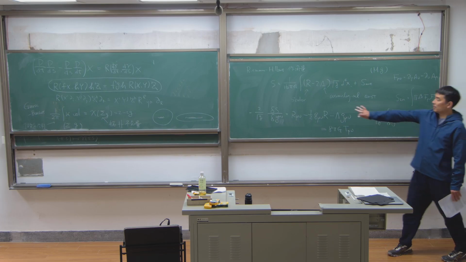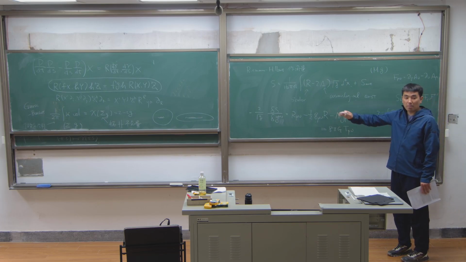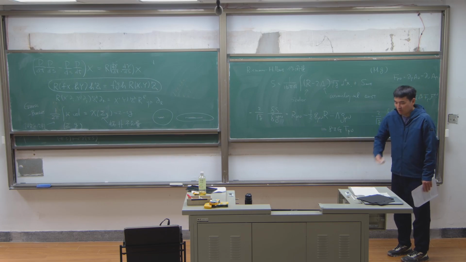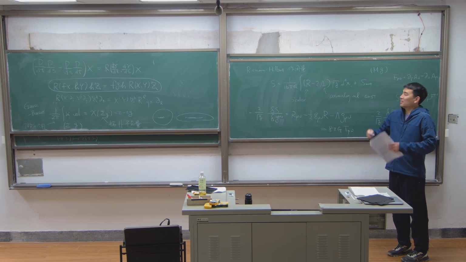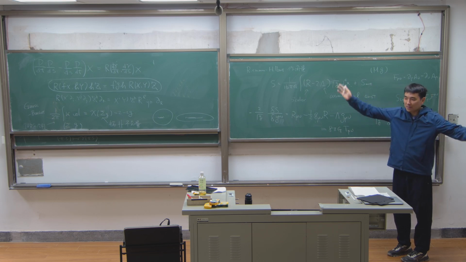So the left-hand side is a quantity that measures the curvature of spacetime. The right-hand side measures the energy and momentum of the field that describes matter or whatever.